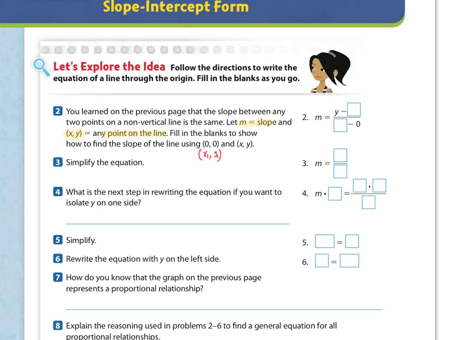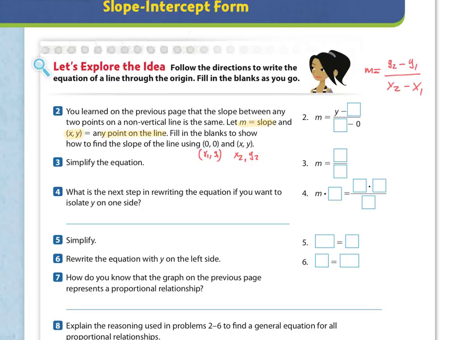Okay, so if my second point is xy, I'm going to label that x2, y2. And I'm going to make a quick note on the top right. Remember that the slope formula is m equals y2 minus y1 divided by x2 minus x1.